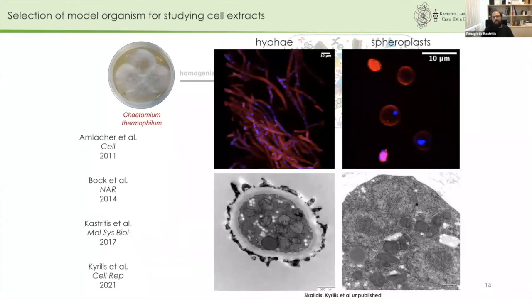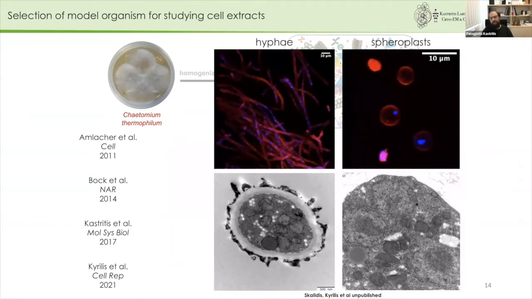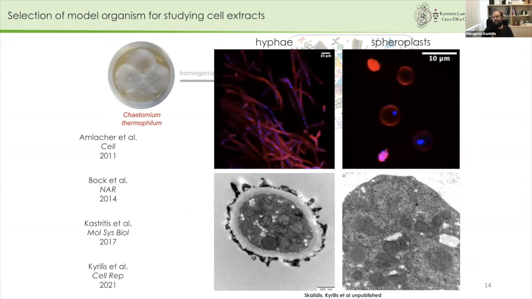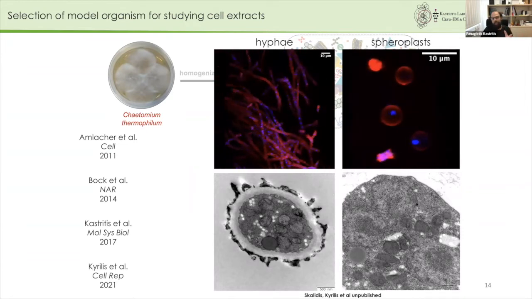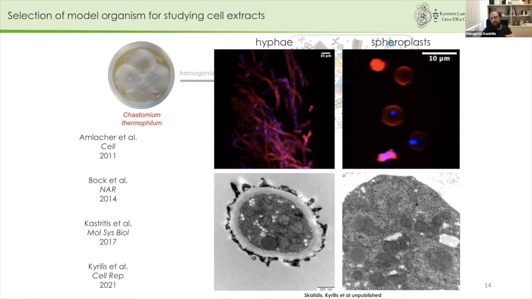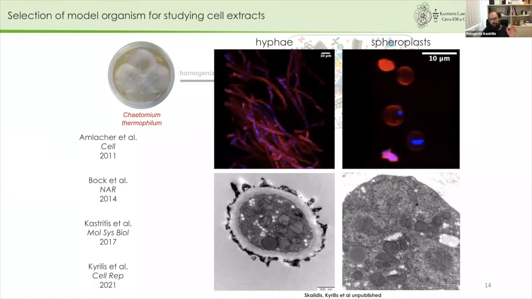So our model organism, as you can see here, is Chaetomium thermophilum. Chaetomium thermophilum is a very good model organism for structural biology because it is a thermophilic eukaryote that you can grow at 55 degrees Celsius or more, and it's at the limits of eukaryotic multicellular life.